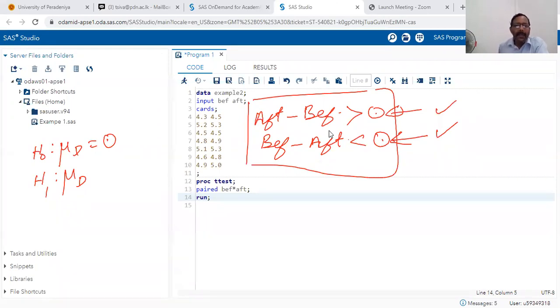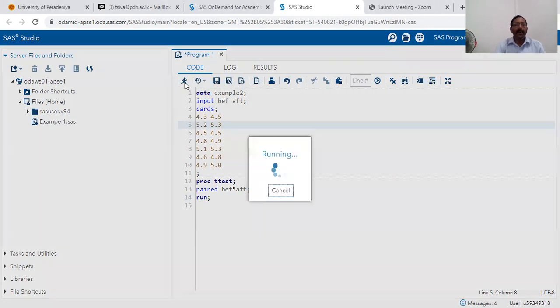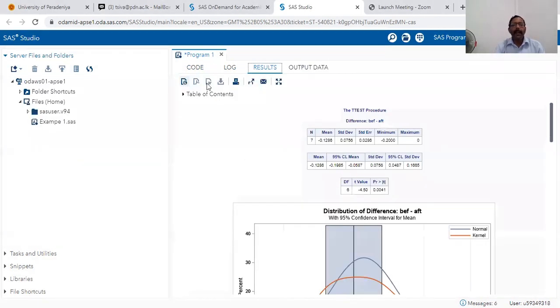So it depends on how the computer calculates. Let's look at how the computer runs the program, and let's say you run the program and see.